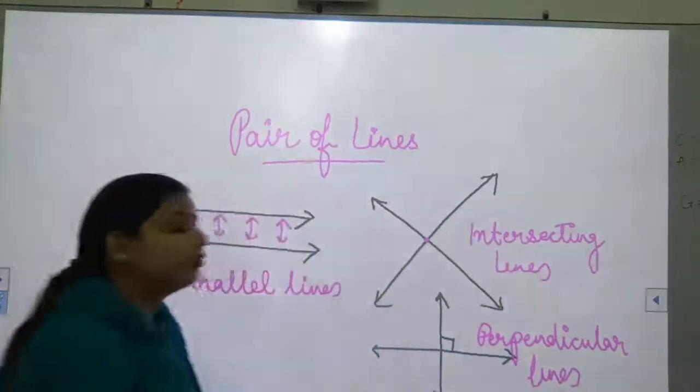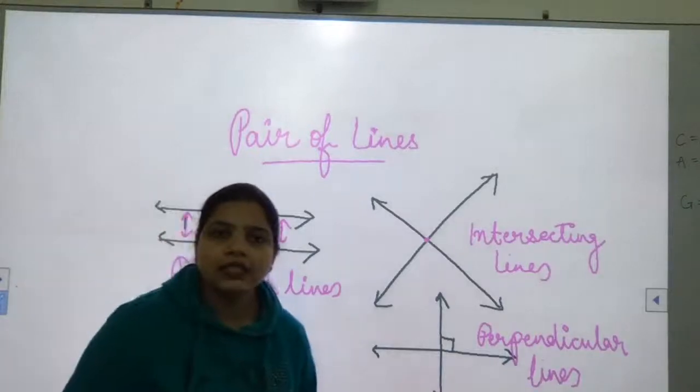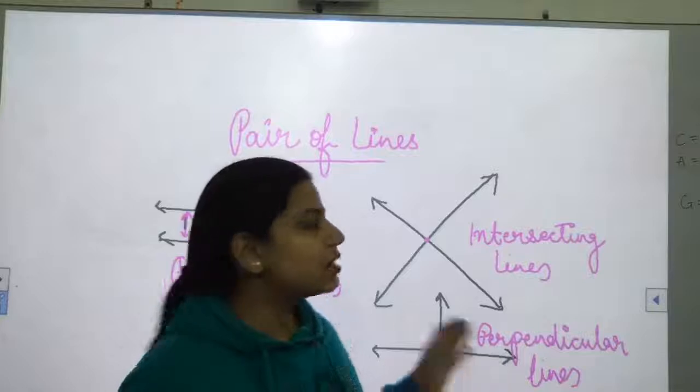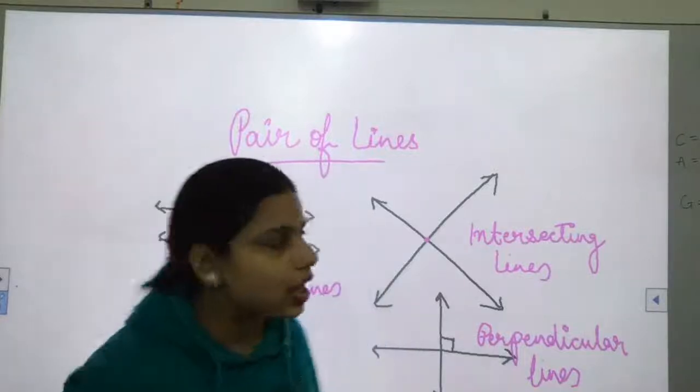So we have parallel lines, intersecting lines, and perpendicular lines. These are some pairs of lines.